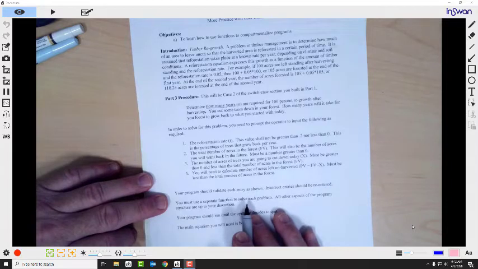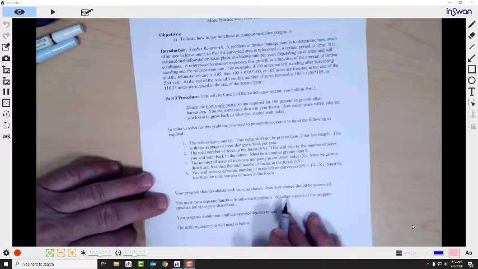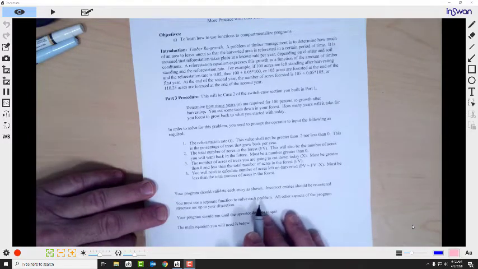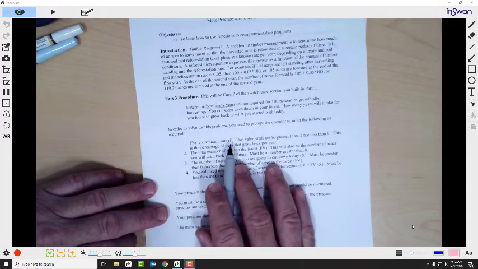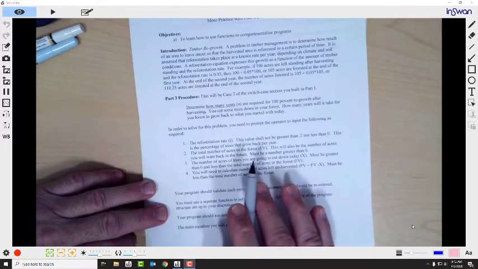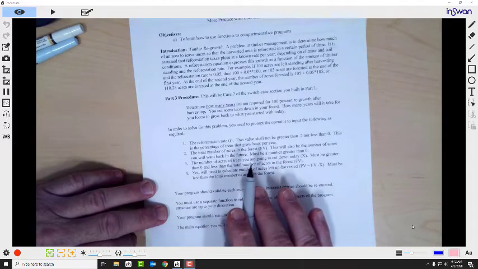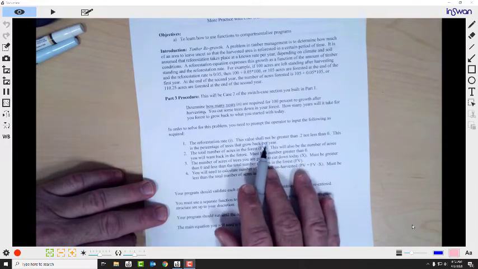You should use a separate function to solve each problem or each issue. All other aspects of the program structure are up to your discretion. In other words, in part 2 we already should have a function that inputs I. We didn't do FV, we actually calculated FV.